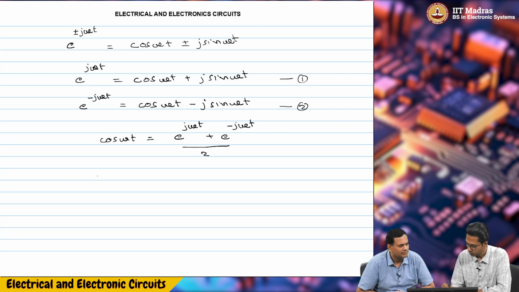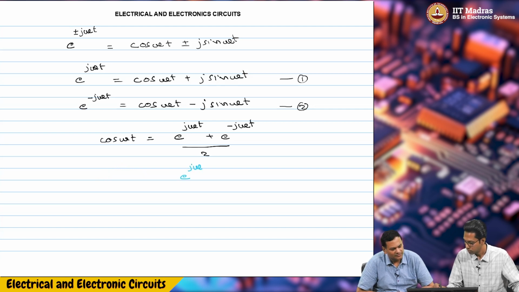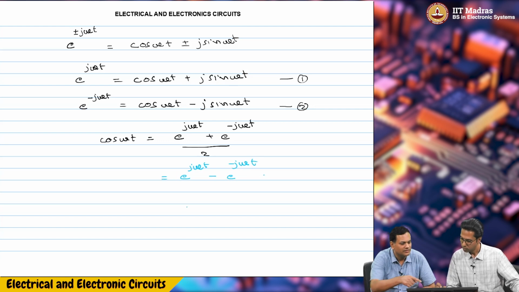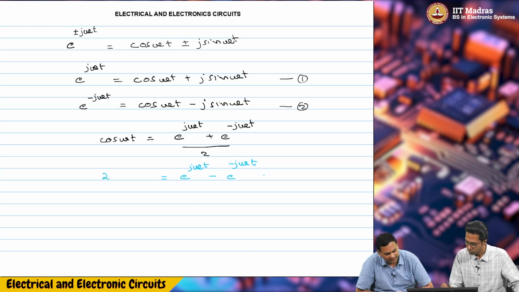So e power j omega t minus e power minus j omega t is 2j sin omega t.